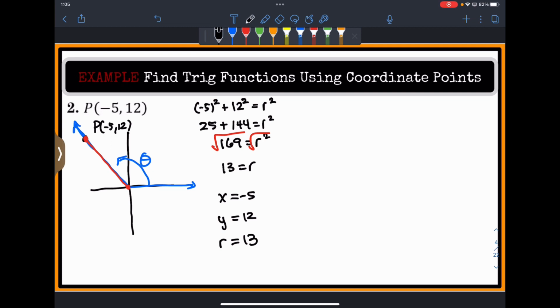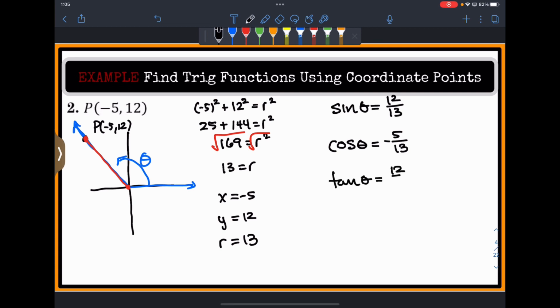So let's find the 6 trig functions. Starting off with sine, the sine of theta is y over r. The cosine of theta is x over r. The tangent of theta is y over x. So that's going to be negative 12 over 5.